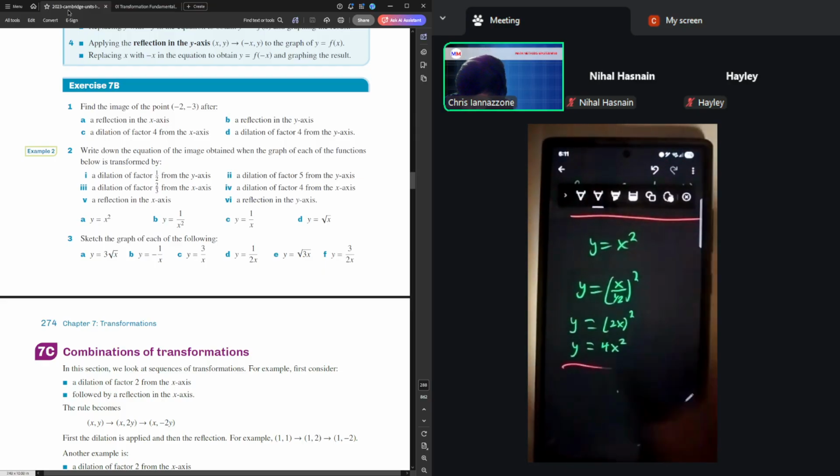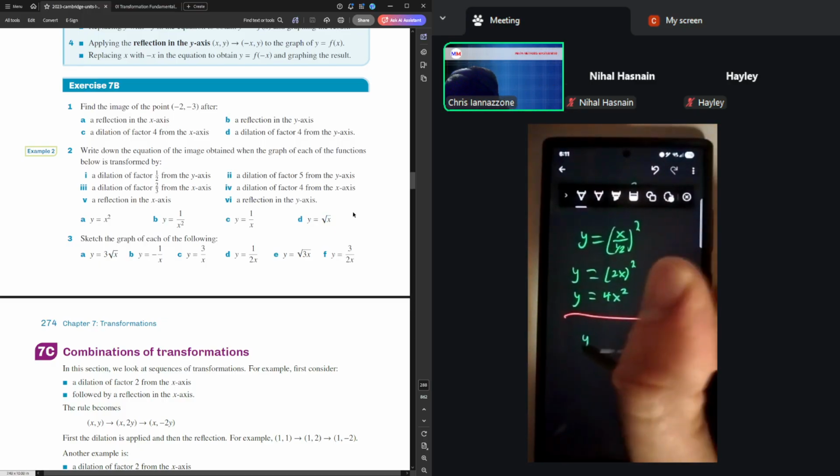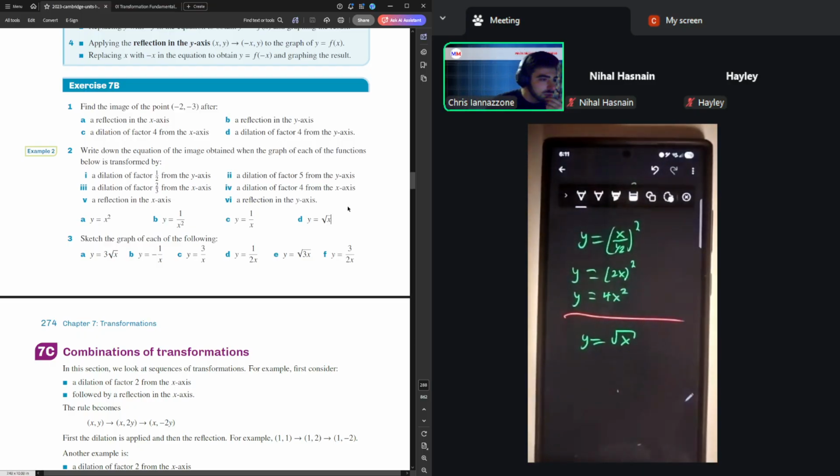Cool. All right, that one. This time we'll do d. We'll do the square root. So y equals root x. And what's a good one to try? We did from the y. Let's do this iv, a dilate factor of 4 from the x. This one I'm going to look at. What was this one going to end up being, rather?